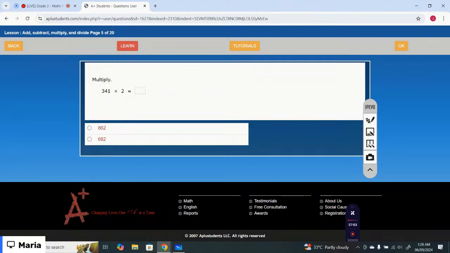The next one is 341 times 2, which is the correct option? Let's just do multiplication, right?